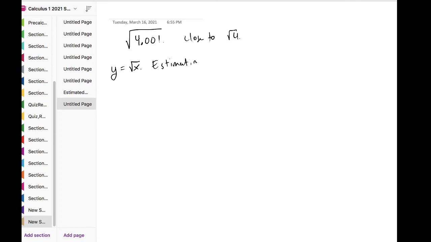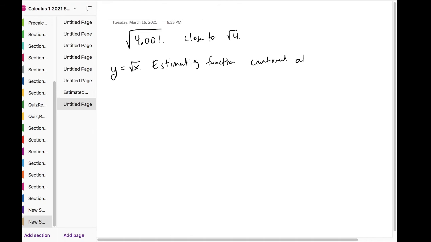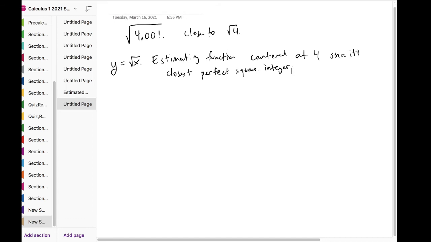And centered at 4, because it's close. It's the closest perfect square integer. Okay, so let's do it.